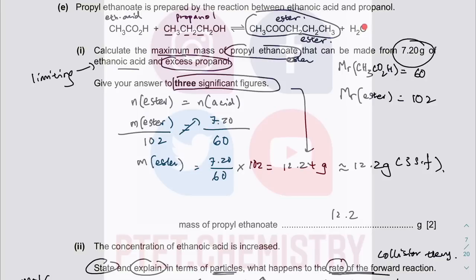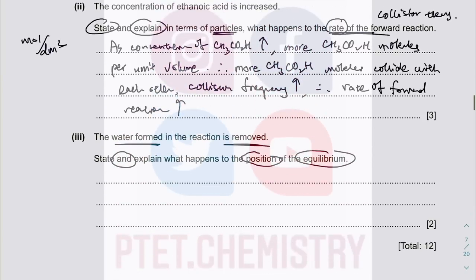And how does it do that? It will shift to the right hand side to produce more water. When you shift to the right hand side, it will favor forward reaction, which will give you more ester in the meantime as well. But the question is not asking you on the yield, it's asking you on the position. So be very careful on it, yeah?